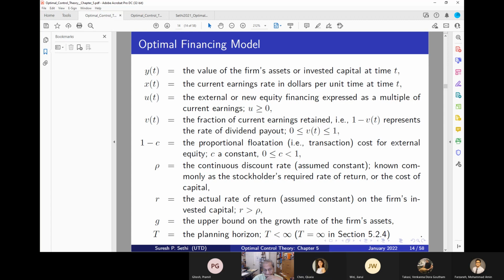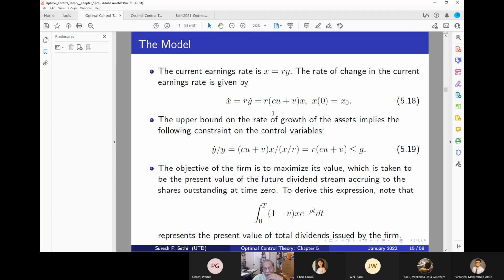I get C. 1 minus C goes to the broker. Normally people put C here and 1 minus C here, but then that would be the C going to the broker and 1 minus C coming to the company. But they did the opposite, in order to not have 1 minus C here, so they have C here.